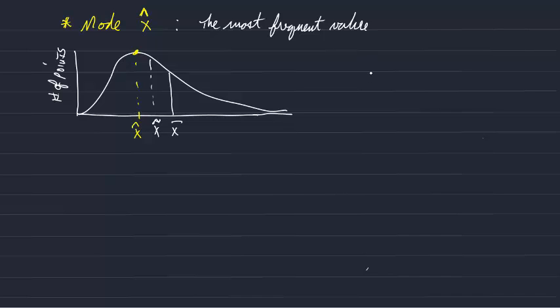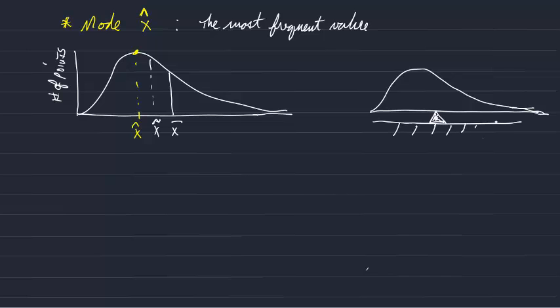One simple way of understanding what the mean does, if we were to draw this frequency distribution, the mean tells you the centroid location, or the center of mass. So I'm going to draw our frequency distribution on a balanced beam, and x bar is the centroid.